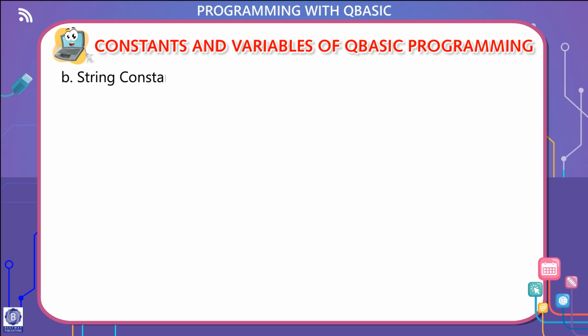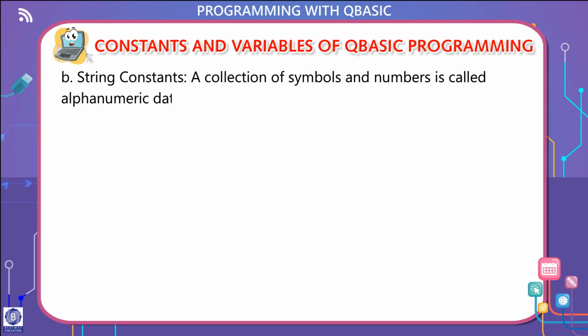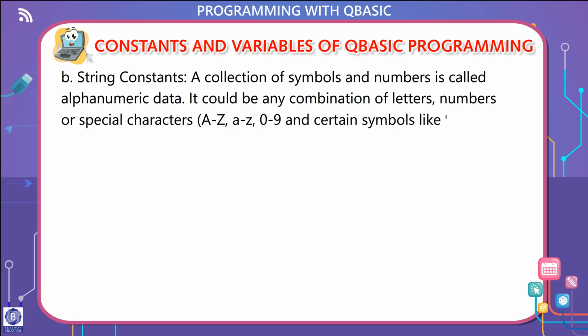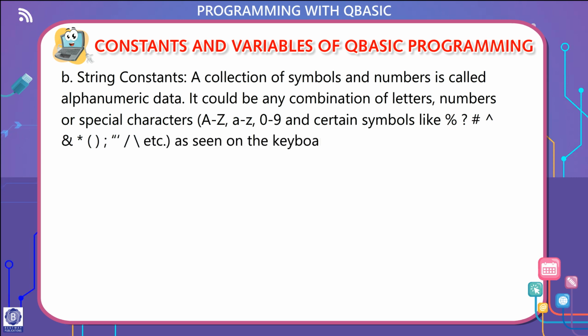B. String constants. A collection of symbols and numbers is called alphanumeric data. It could be any combination of letters, numbers, or special characters: capital letters A to Z, small letters a to z, numbers from 0 to 9, and certain symbols like percentage, question mark, hash sign, exponential, ampersand, asterisk, brackets, semicolon, inverted commas, forward and backward slash, etc., as seen on the keyboard.